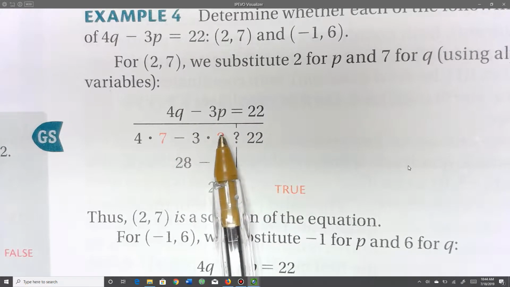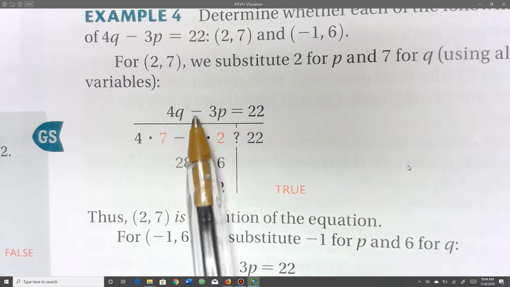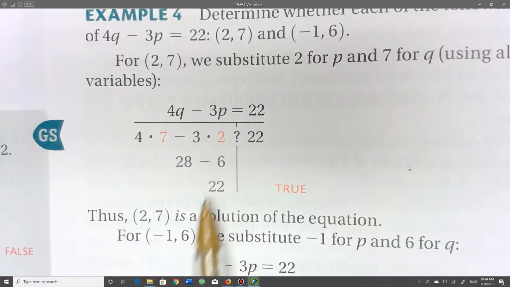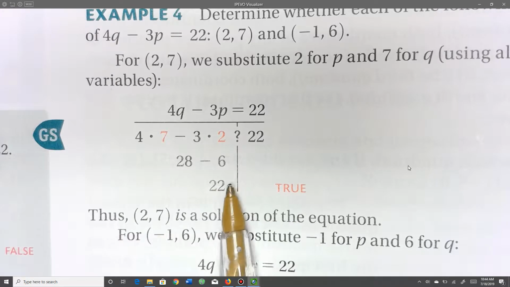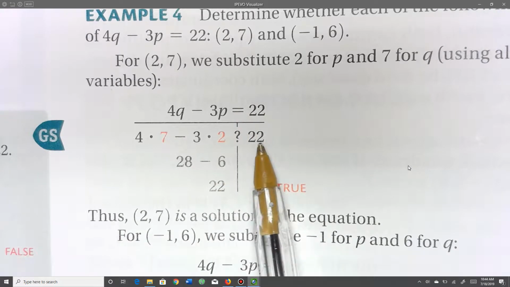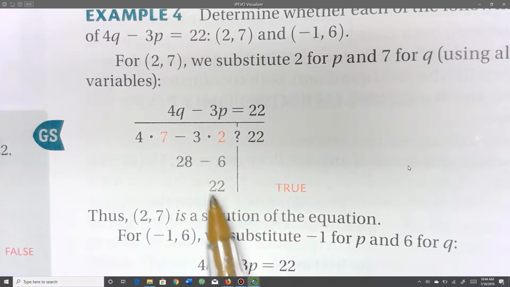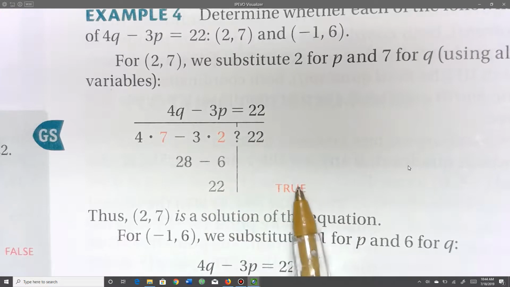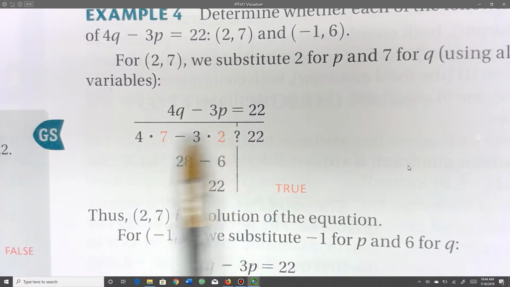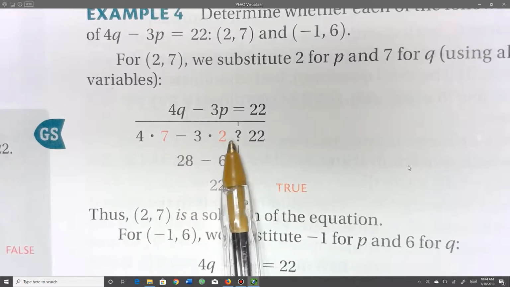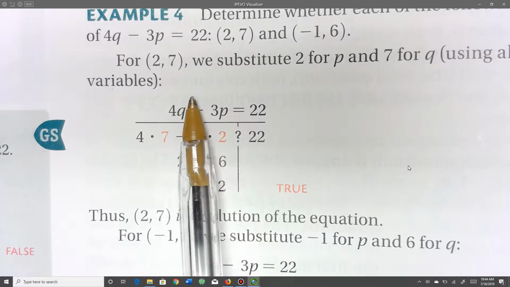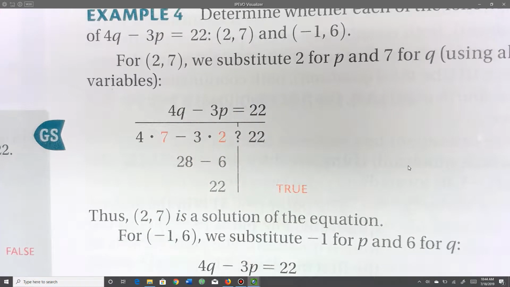In other words, when I plug in two values, will that give me the same value on one side of the equal sign as it will on the other side? If it does, then this ordered pair is a solution of this equation. Okay, so that's what I mean by solution.